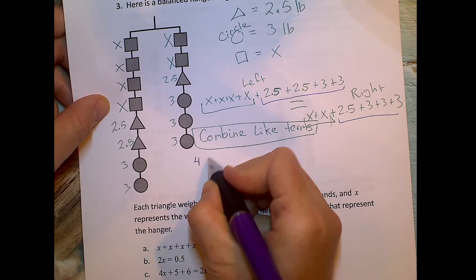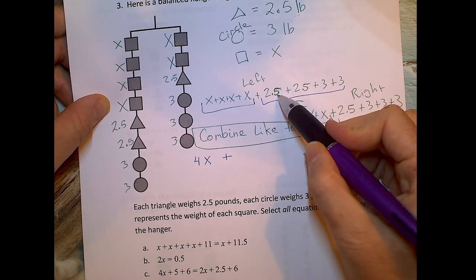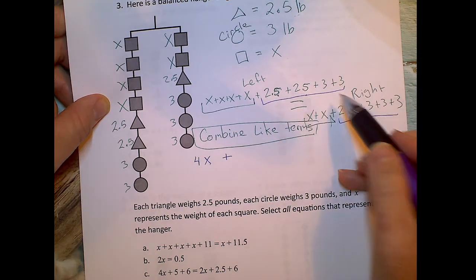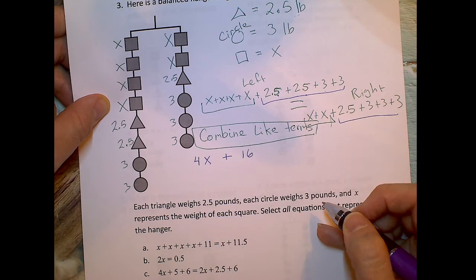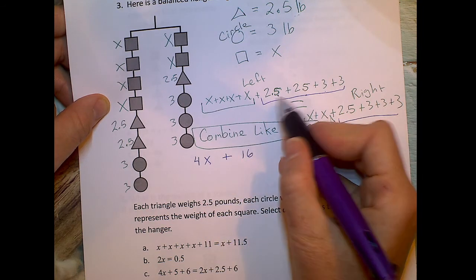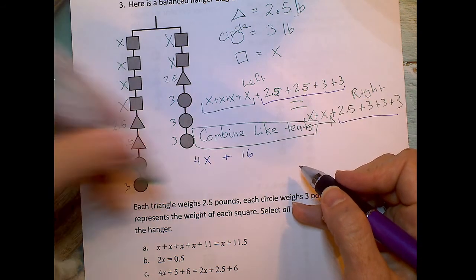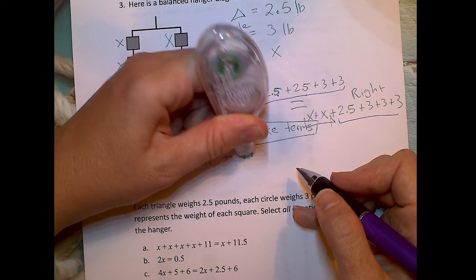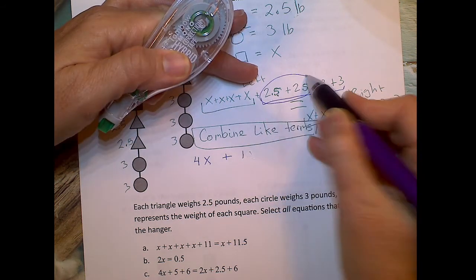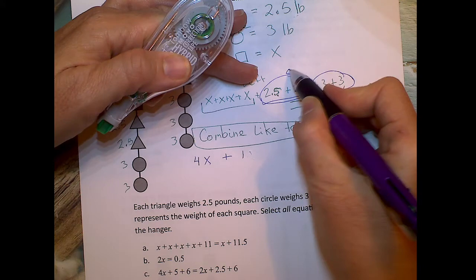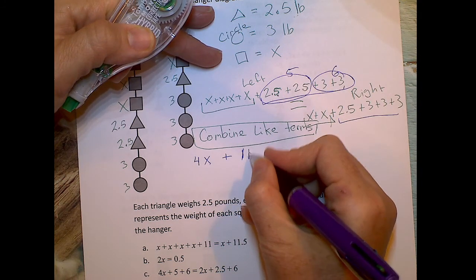What we get is 4x on the left side plus 2.5 plus 2.5, oh, I'm sorry, 2.5 plus 2.5 is not 10, it's 5. 5 plus 6, let me circle this so I'm not confusing myself. This is equal to 5, this is equal to 6, and that is equal to 11.